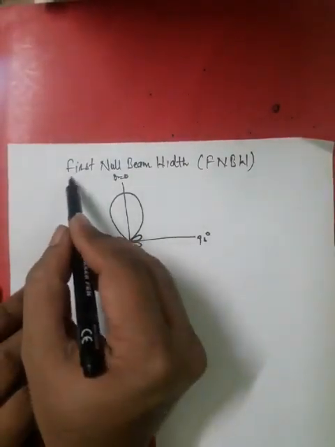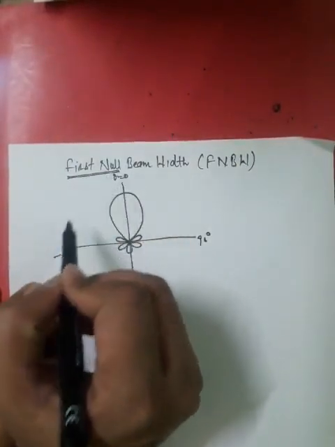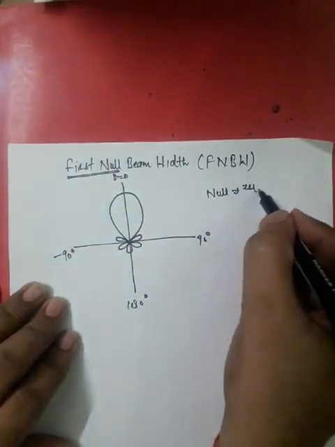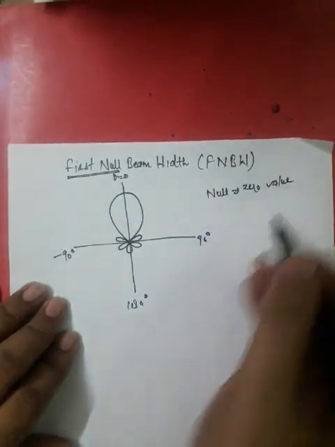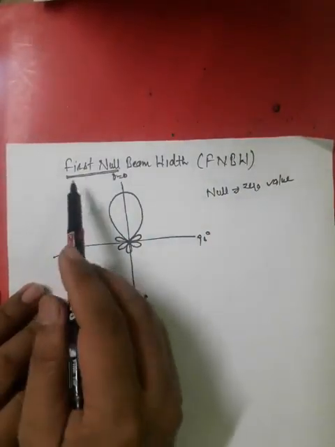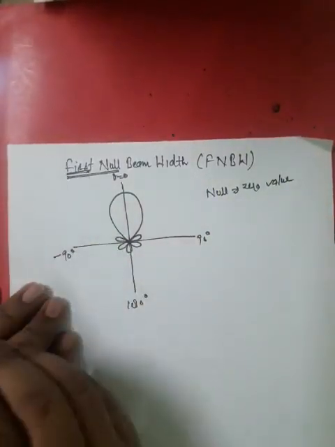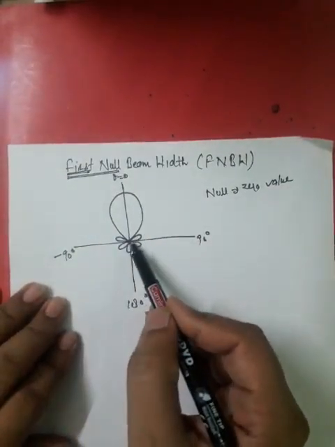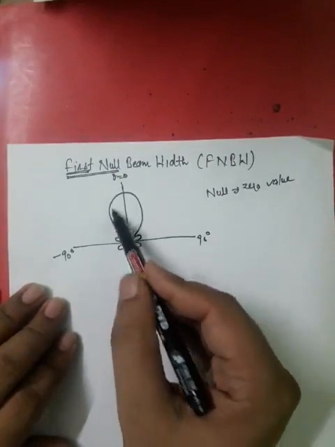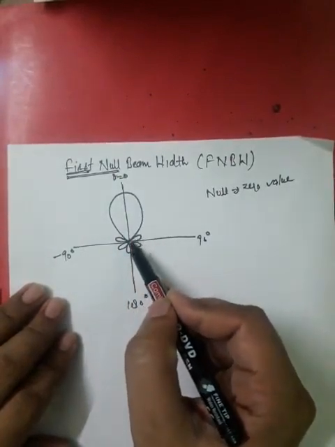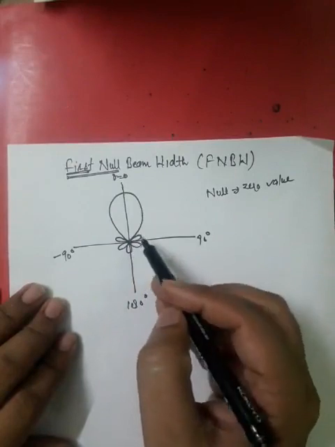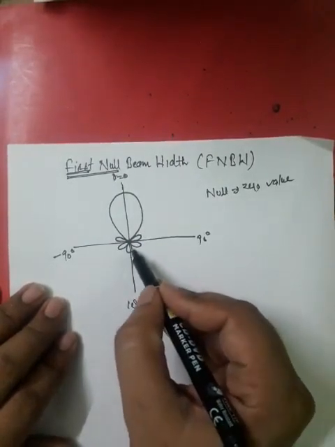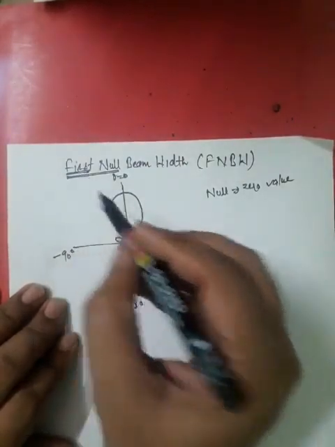As the term represents, null basically indicates zero value, and it is the first null. It means the first time your radiation pattern has zero value. If you look at the main lobe, it is here, and again for the minor lobe. There are nulls in this direction, this direction, and this direction, but we are asking about the first null.